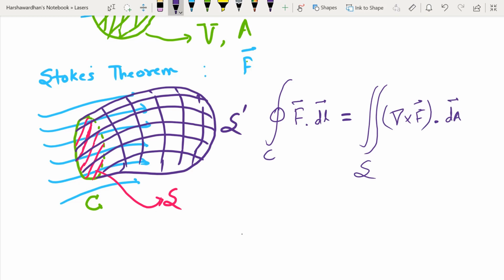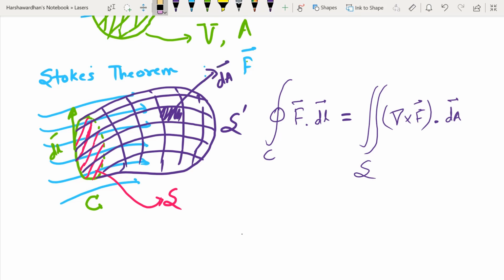So let me quickly indicate what we have here. For example, dl is that way. F I have already indicated, so you're looking at F dot dl, and dl keeps changing as you go around the closed loop, and that is on the left hand side. On the right hand side, you have, for example, an area element dA on that surface.